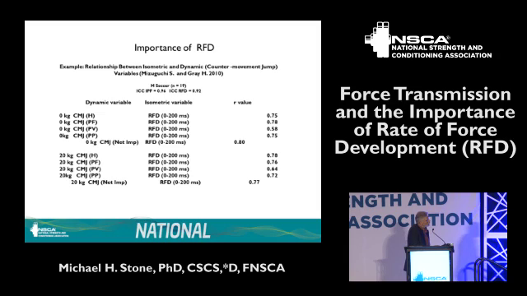And notice there are very good correlations with the isometric variable of rate of force development and these dynamic measures here. So we can get very good relationships between isometric and dynamic activities, provided you take into consideration positional characteristics and positional specificity.